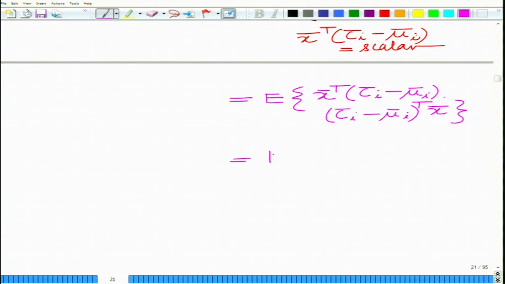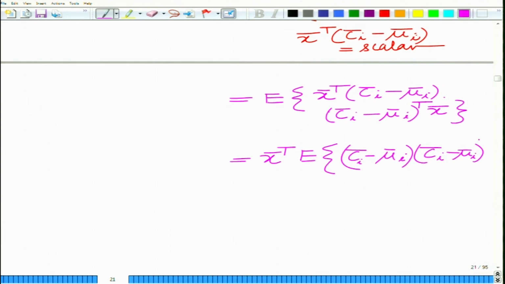I can take the x bar outside, so this is x bar transpose, and now you have something interesting: the expected value of (C bar I minus mu bar I) times (C bar I minus mu bar I) transpose, into x bar.